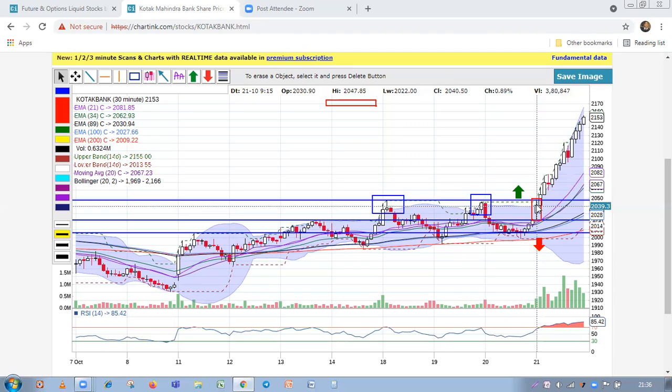I am taking buffer of 5 to 10 points. Let us consider buying above 2060. And in next candle, it has given a breakout. I don't know at what time it has given that breakout, but it has given a breakout above this level, first 30-minute candle. Means its second candle high is 2064.